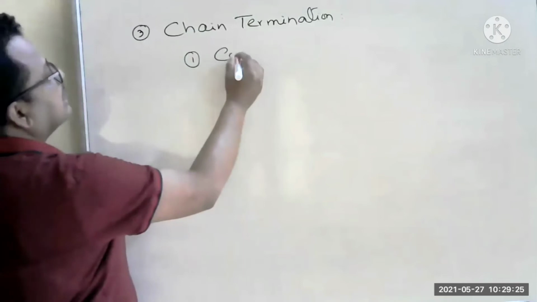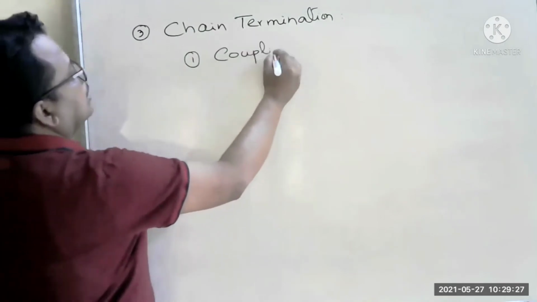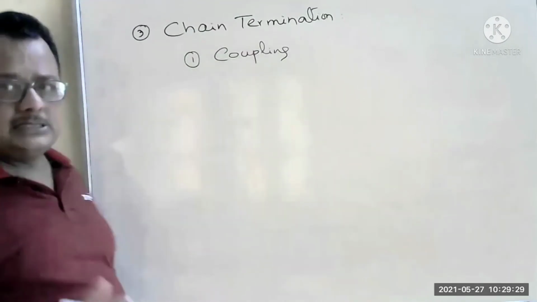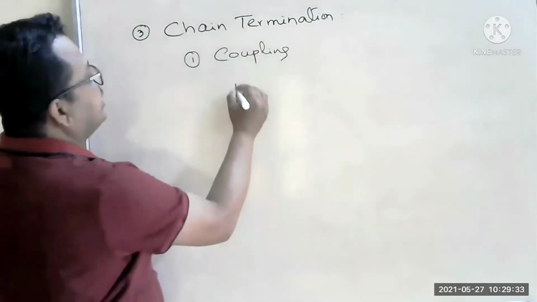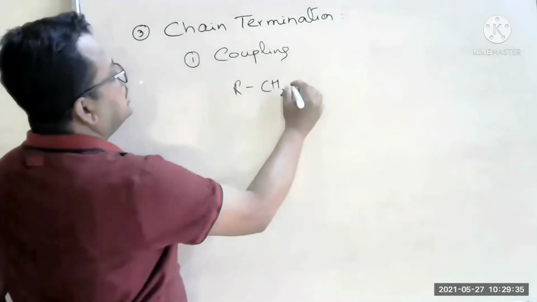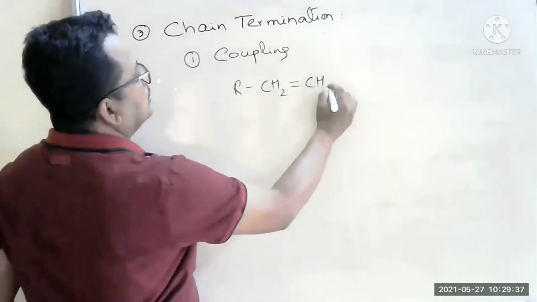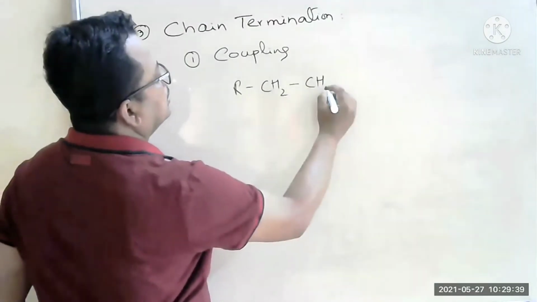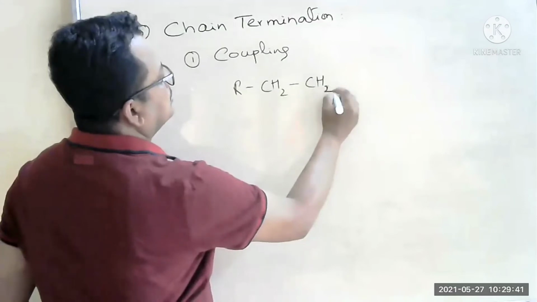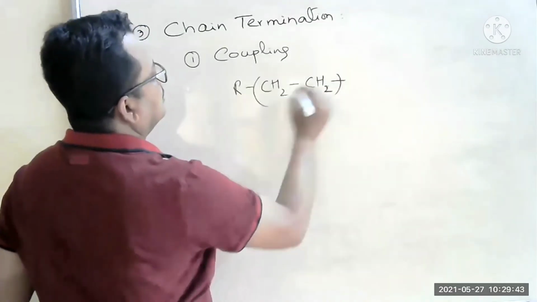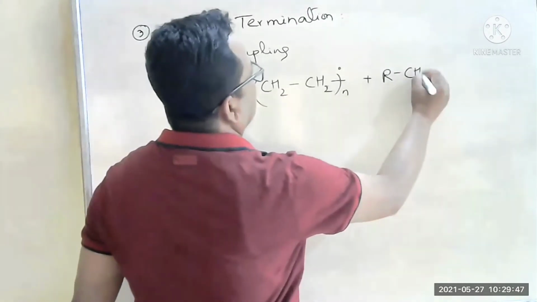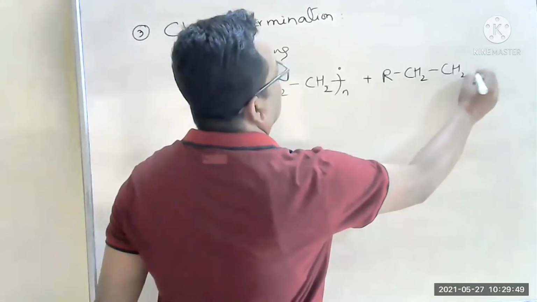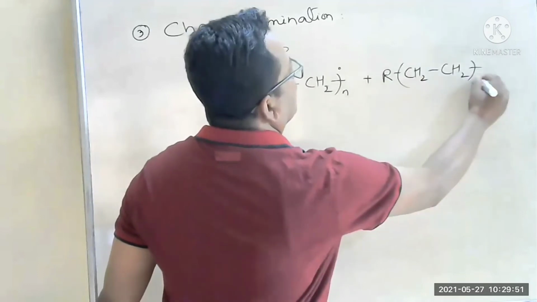One is by coupling. In coupling, what happens? Two free radicals will join together. So suppose this is one free radical, R CH2 ... n R ... n.